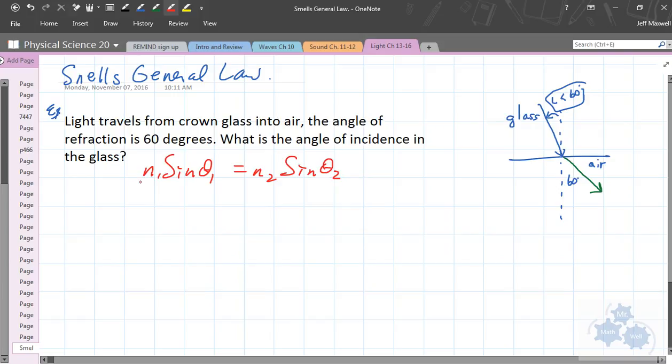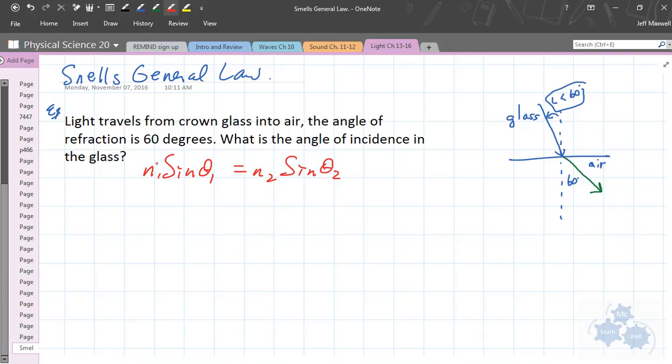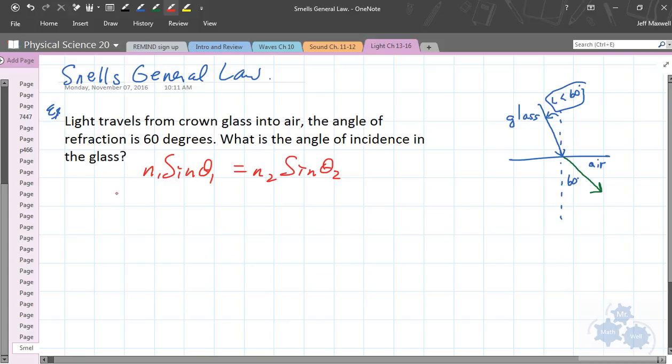Okay? So in glass, what is the index of refraction? Crown glass. So we've got different glasses there. Where's crown glass? 1.52. See that? 1.52. And the angle of incidence in the glass, well, we don't know. So we're going to do sine theta 1.